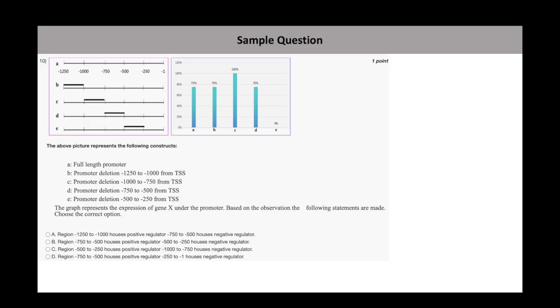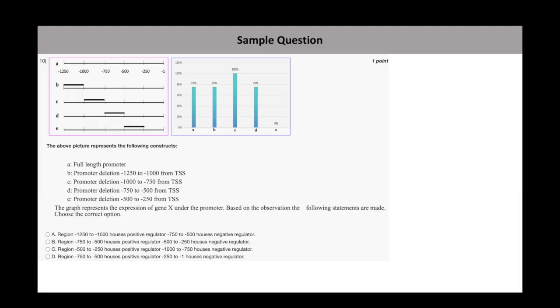Now let's talk about fragment D. The expression level is 75% only, so again it has no relevance. It has nothing to do with the downstream gene expression. And fragment E, which is from 500 to 250 base pair, the expression is zero.